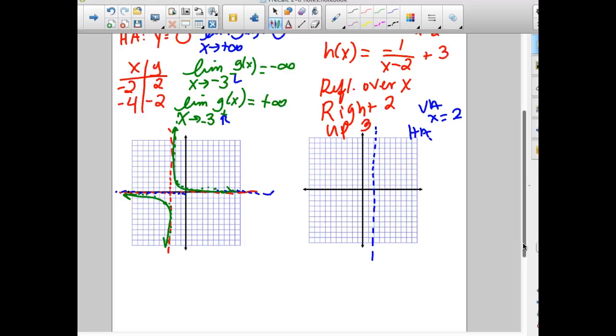Horizontal at y equals 3. And we've reflected, yes? So we should, instead of being in basic quadrants 1 and 3, think of 2 and 4. All right, let's pick a number on either side of 2. So 1 and 3.